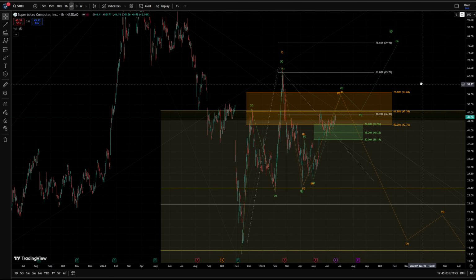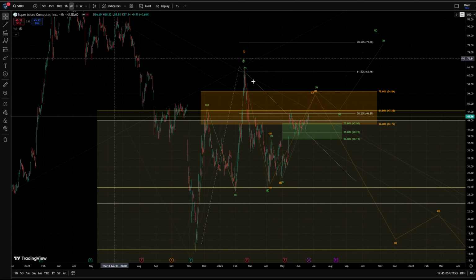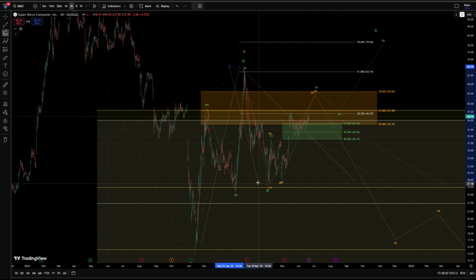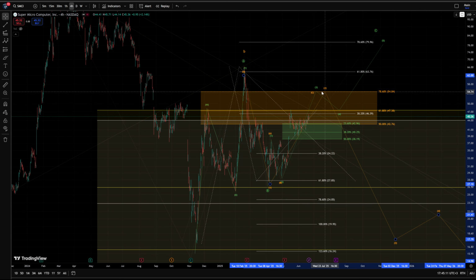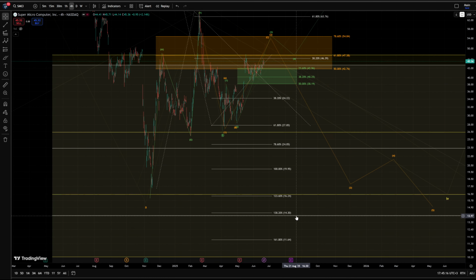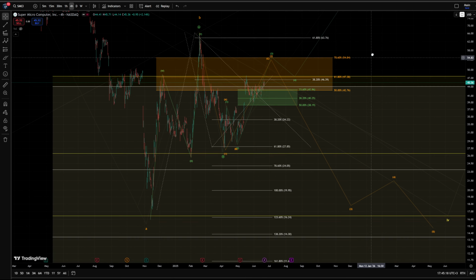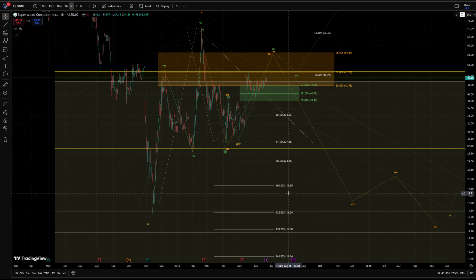And I'll do one last thing and provide you a target if we did indeed finish the second wave here in orange instead of still going higher. That would be around a $14 target. That would be for the orange scenario.